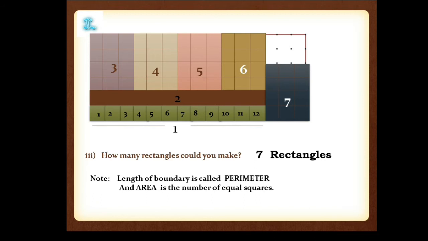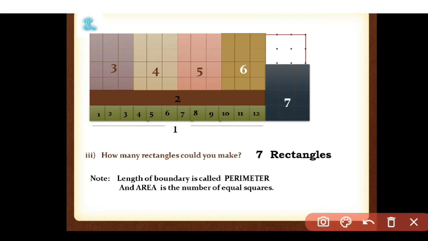7 rectangles we made. Now note, the length of the boundary is called perimeter. When we count the boundaries like 1, 2, 3, 4 up to 12, again similarly on top and the sides, so when we count the boundary like that, it is called perimeter.